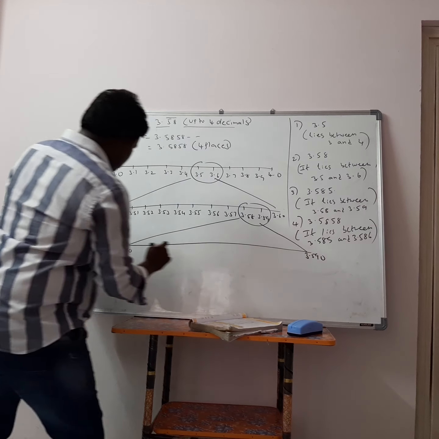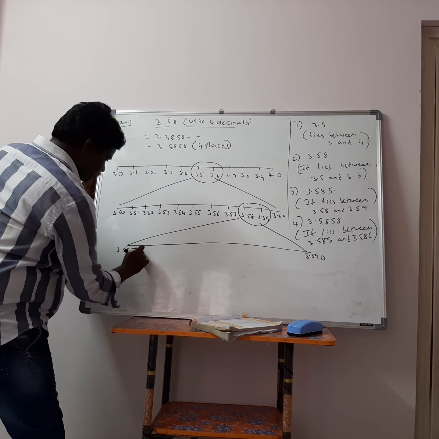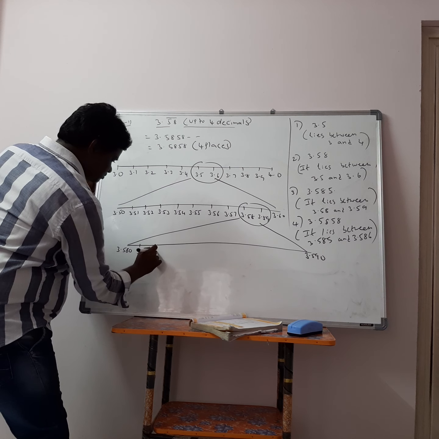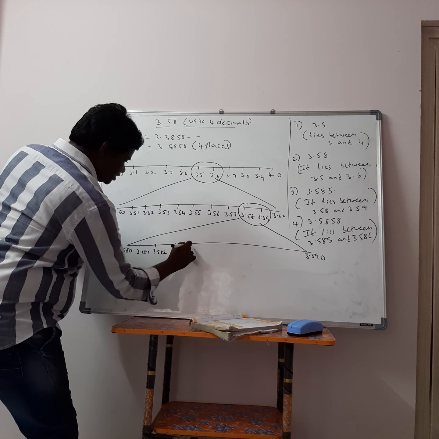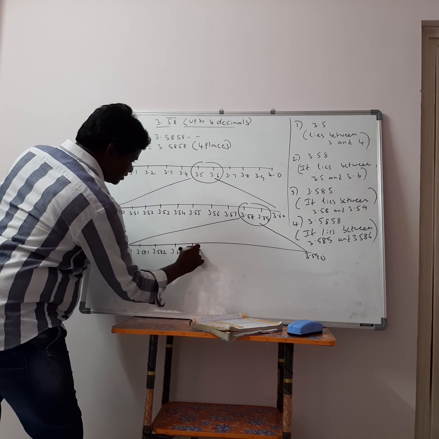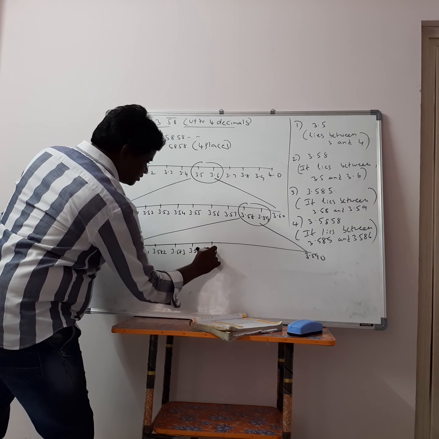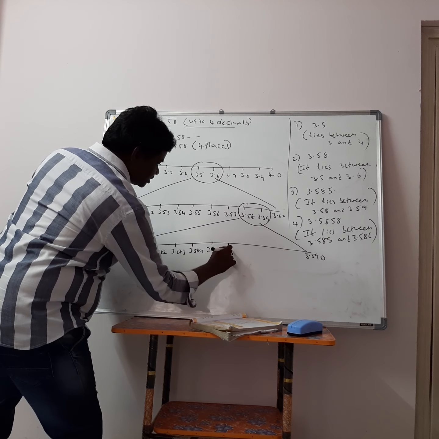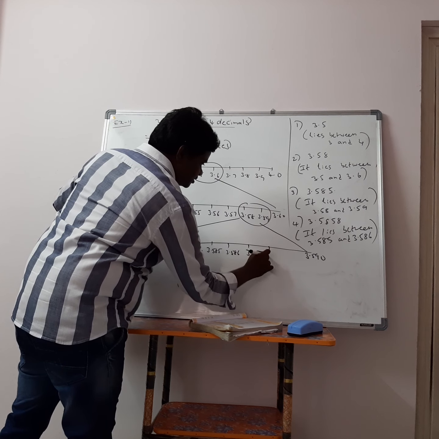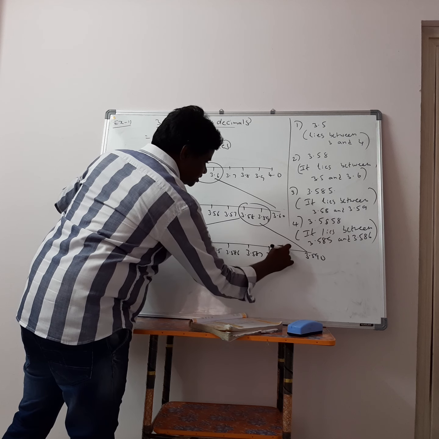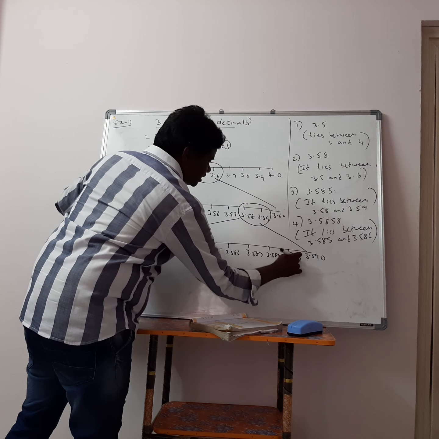So if you magnify this one: 3.581, 3.582, 3.583, 3.584, 3.585, 3.586, 3.587, 3.588, 3.589.